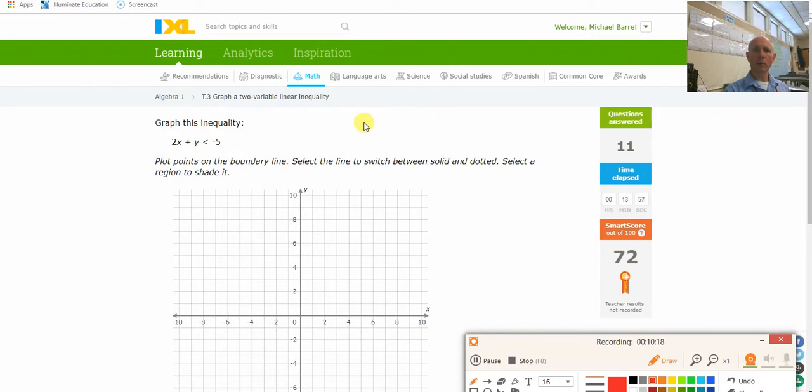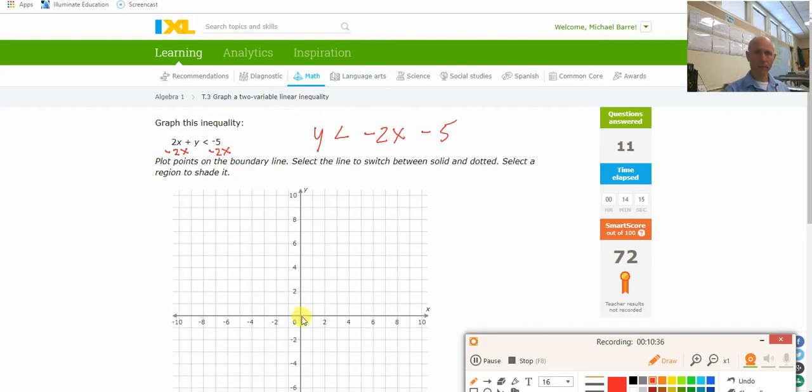Okay, same type of problem. So let's convert it. This is going to be y is less than negative 2x minus 5. What did I do? I subtracted 2x from both sides.